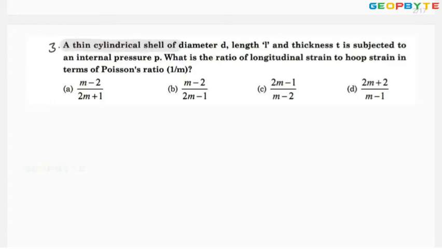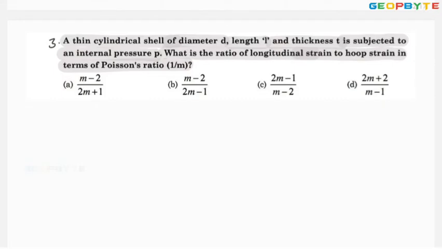A thin cylindrical shell of diameter D, length L and thickness T is subjected to internal pressure P. What is the ratio of longitudinal strain to the hoop strain in terms of Poisson's ratio 1 by m?